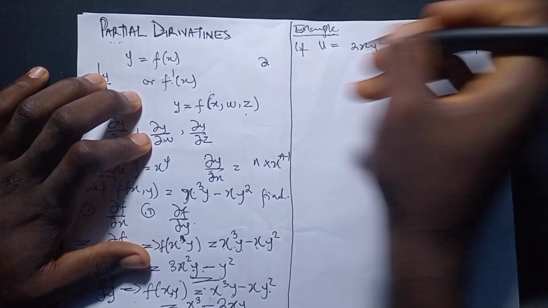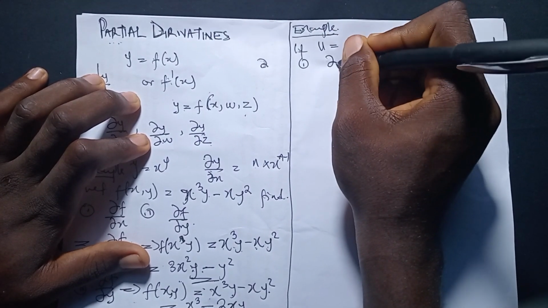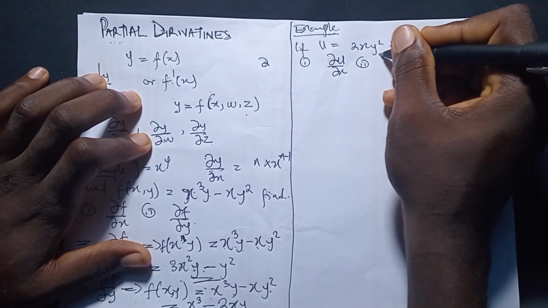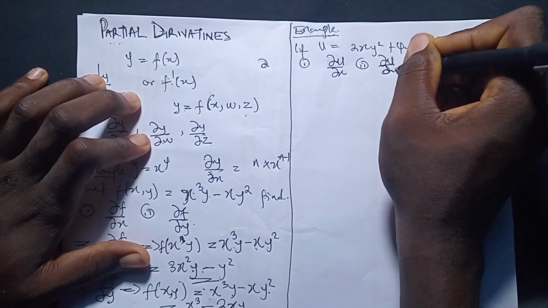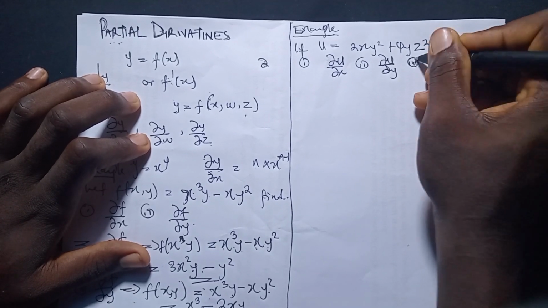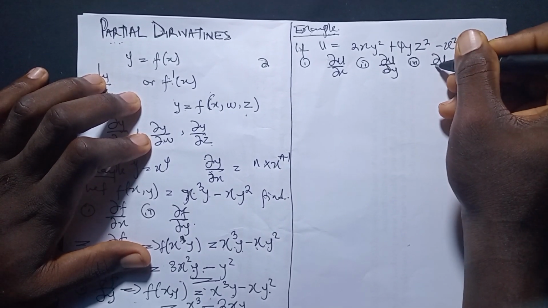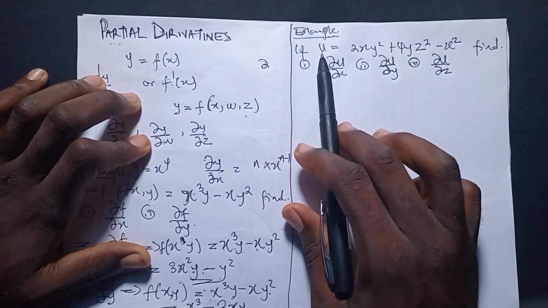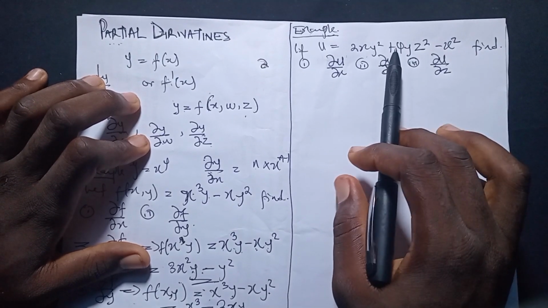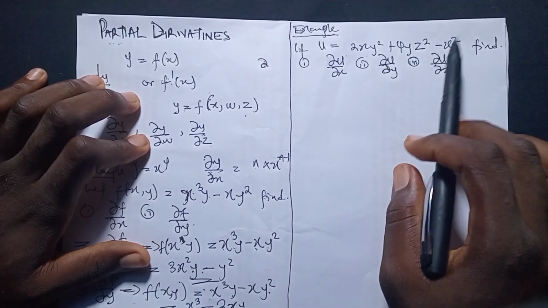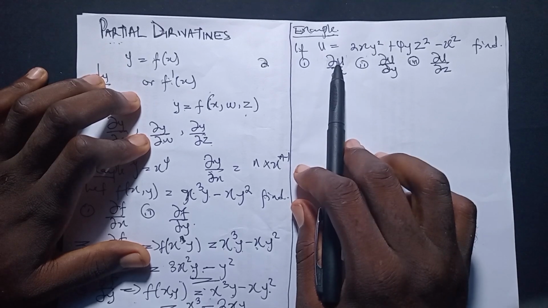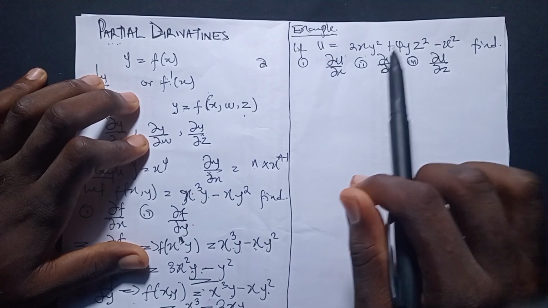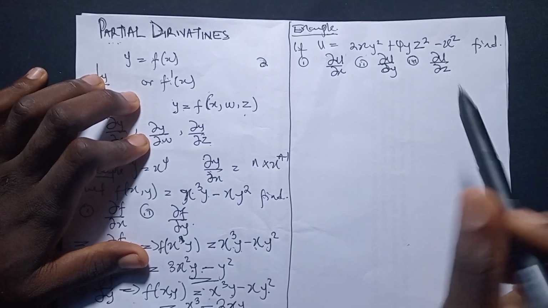Find number 1, du/dx, number 2, du/dy, number 3, du/dz. We are asked, if u is equal to 2xy squared plus 4yz squared minus x squared, to find du/dx, number 2, find du/dy, number 3, find du/dz.